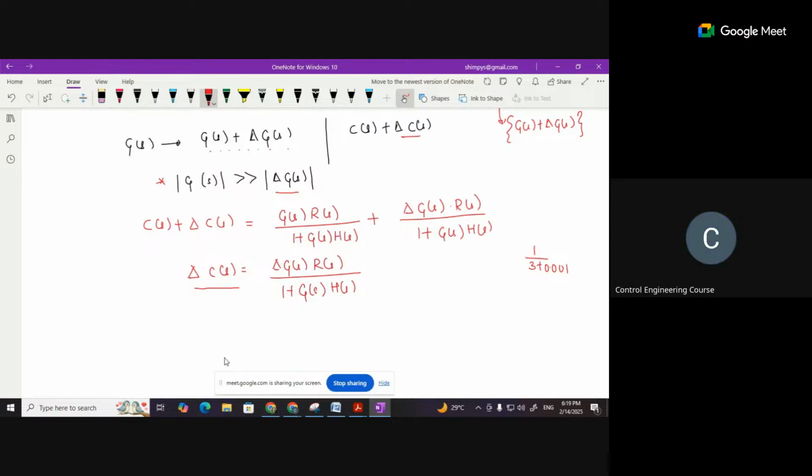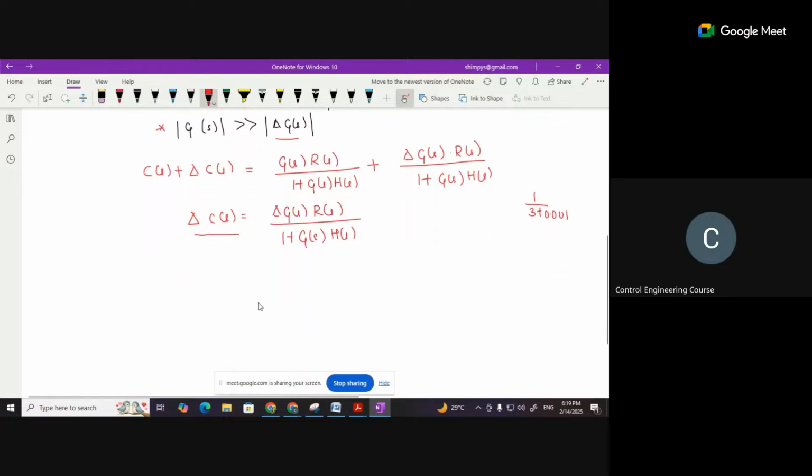If I want to find out the sensitivity of this transfer function with variation in G, I'll calculate the sensitivity of our transfer function to variation. First of all, let us see how we'll designate it.